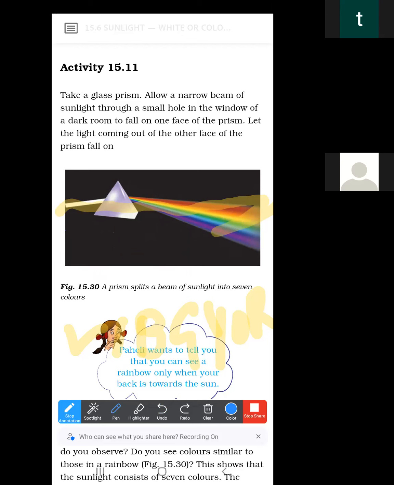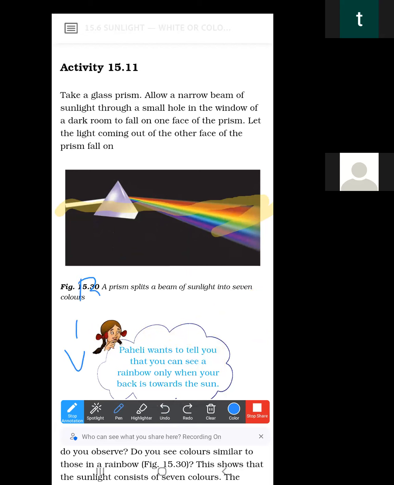At the bottom, violet color is there. Then which color is there? Indigo, then blue. So this is the pattern, Vibgyor. So we can write this like this: V I B G Y O R.